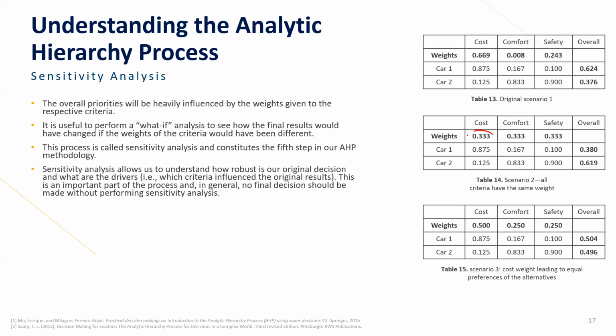We multiply this with this plus this with this and this with this, to get this one. And for the second car, you multiply 0.3 with 0.125 plus this and plus this one. Then you get this one.